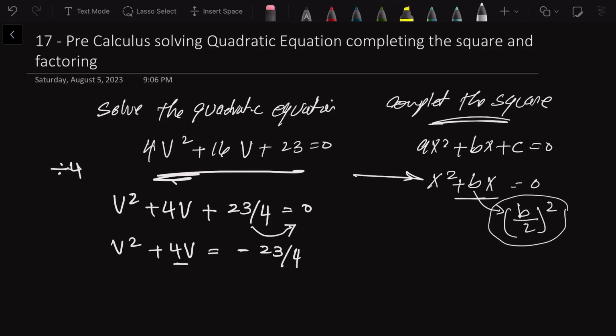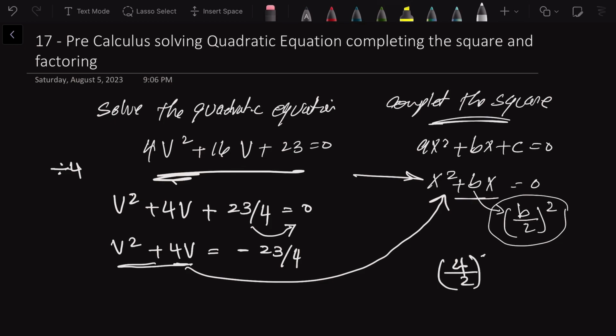Then what is the b value here? If we compare this equation to that one, x squared is v squared, 4v is the bx. So what's the b value? It's 4. So we take that b value divided by 2, so 4 over 2, and then we square it, which is going to be 2 squared, 4.